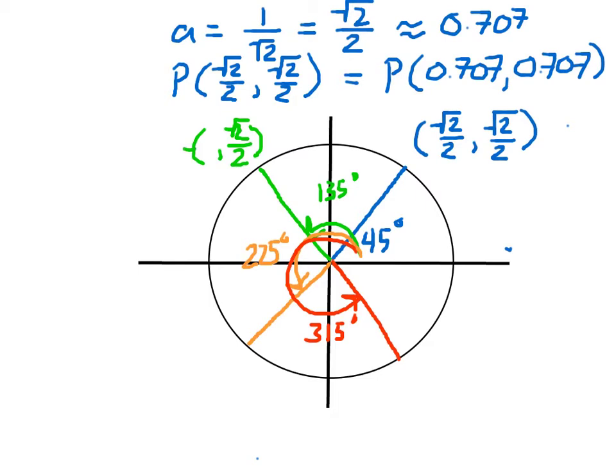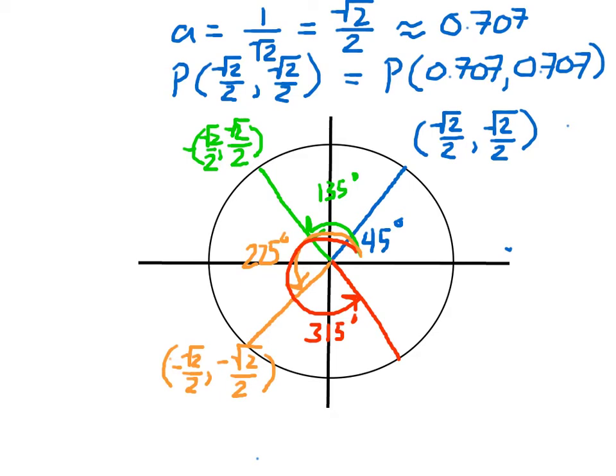But we're going to have a negative square root 2 over 2 x-coordinate for an angle of 135. Likewise, we're going to have a negative x-coordinate for the angle of 225 because cosine is negative in the third quadrant. Sine is also negative in the third quadrant. So the y-coordinate of this point is going to be negative square root 2 over 2.